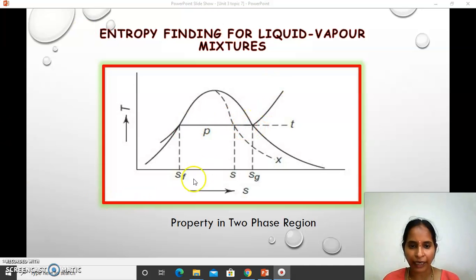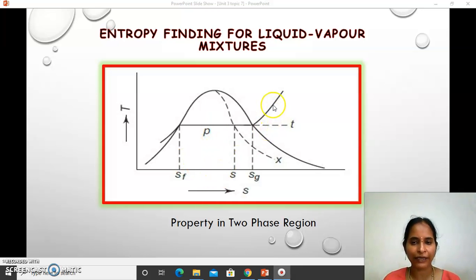If you take any point at a particular pressure and want to find the entropy for the liquid existing in the middle of this vapor dome, that is 50% water and 50% vapor, how do you find it? At the corresponding pressure you find the entropy of the liquid, SF, and the entropy of the gas, SG, and then the difference SG minus SF would be the entropy of that particular liquid-vapor mixture.